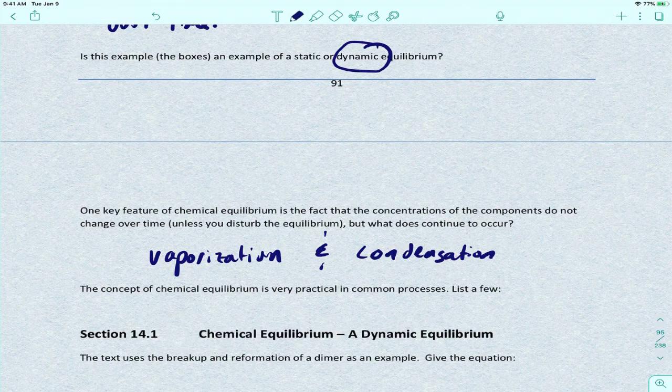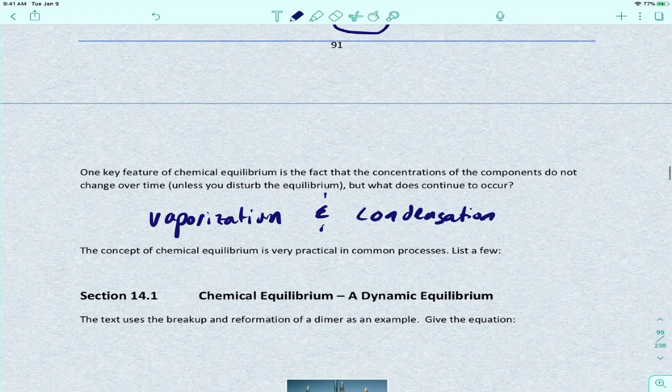Okay, so this concept of chemical equilibrium is very practical in common processes. So let's talk about a couple of them. The big one is going to be acid-base chemistry. This is actually going to be the next couple of chapters. So we're going to spend a lot of time talking about how equilibrium is used in acid-base chemistry.